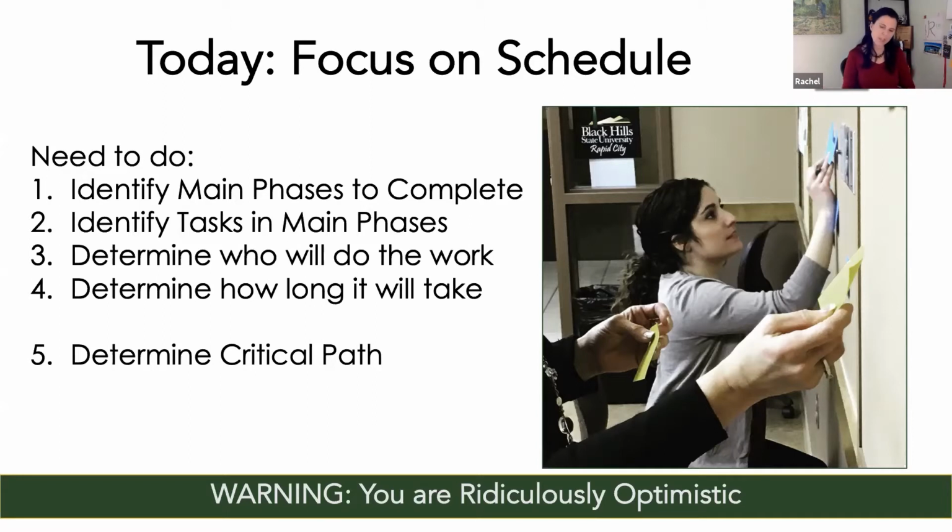So if we think about a deck project as an example, we need to clear the dirt away, or do some dirt work would be one. We could put them right on the sticky note or right on the list.